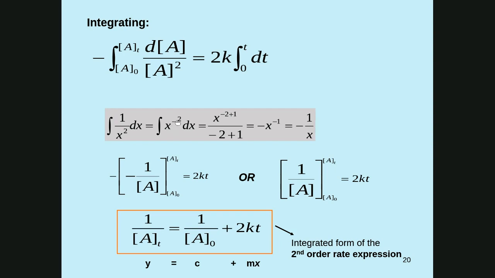That is, if you have x to power n, to find the antiderivative, you add 1 to the index, and the inverse of the new index is put as a factor here. So -2 is the index here, so you add 1 to it, so you get x to the -1, and you divide by -1, the new index. So minus x inverse, or -1 upon x, is the antiderivative of 1 upon x squared.